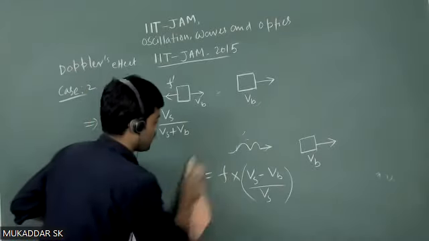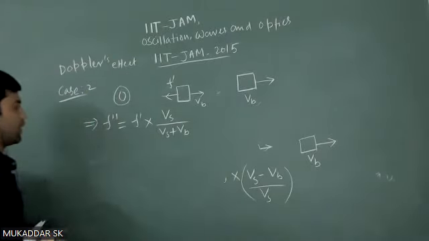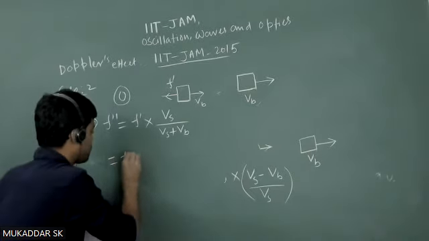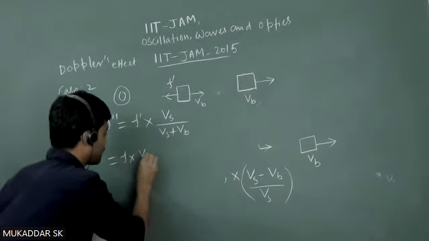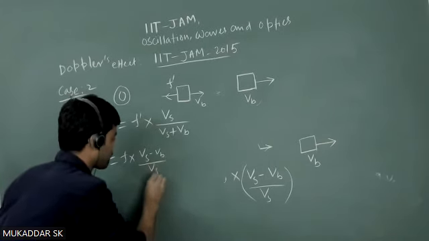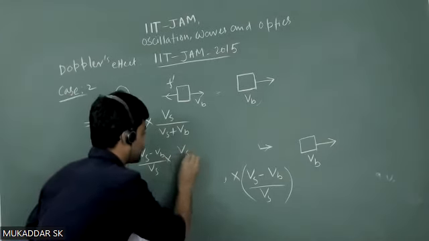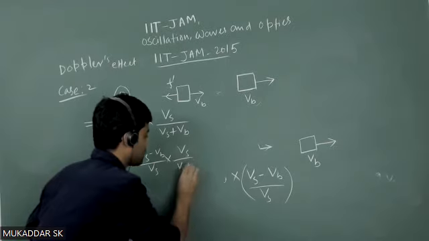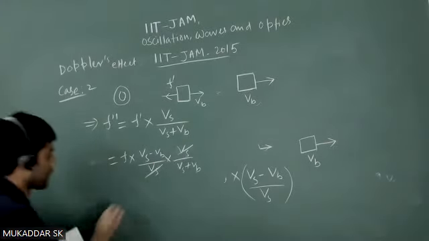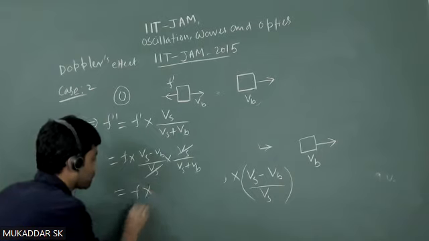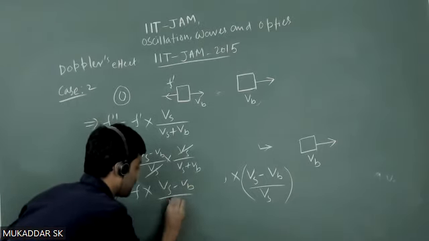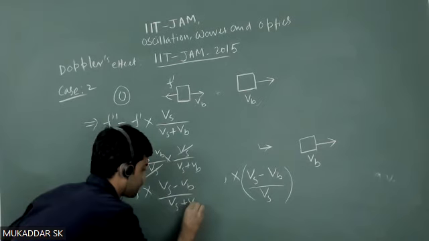Now I'll substitute the value of f dash, which is f into Vs minus Vb divided by Vs. This Vs will be cancelled, and I get f double dash equals f into Vs minus Vb divided by Vs plus Vb.